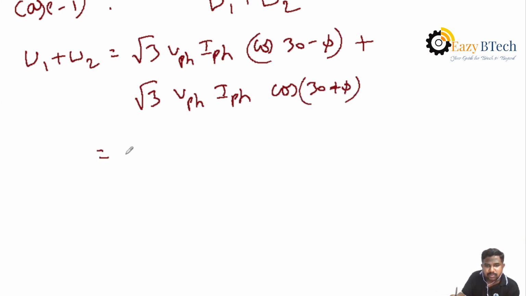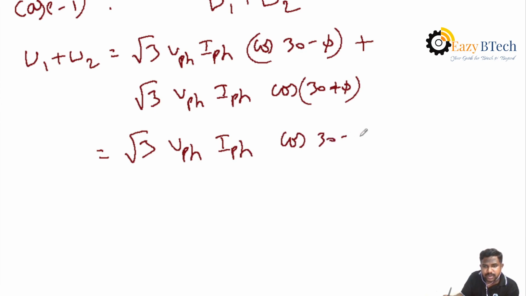Hence, what is the common term here? Root 3 VPH IPH, then cos of 30 minus 5 plus cos of 30 plus 5.